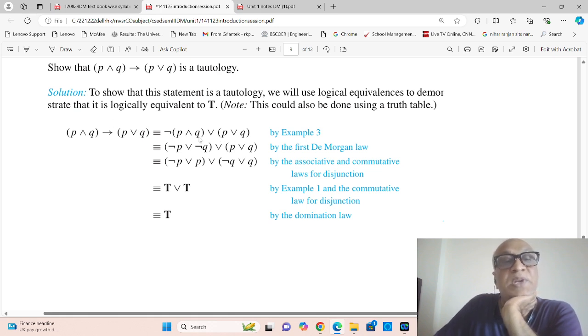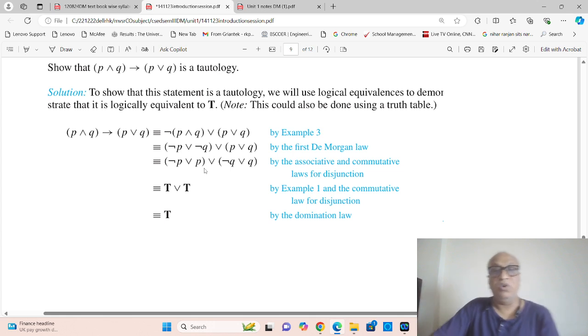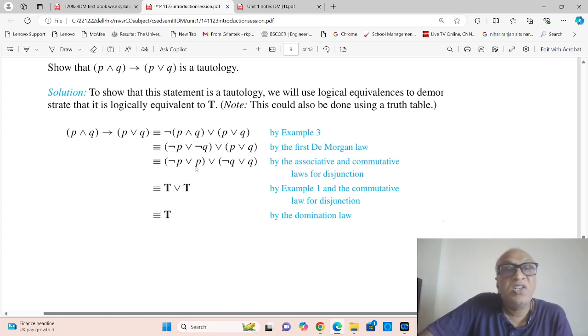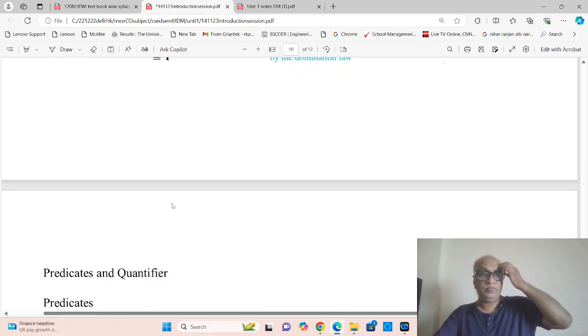Then we apply not to this bracket, giving not P or not Q by De Morgan's law, and then we make a rearrangement using associative and commutative laws, and what we get is not P or P, or not Q or Q. So irrespective of the truth values, the output is true, and that's why we conclude it to be a tautology.